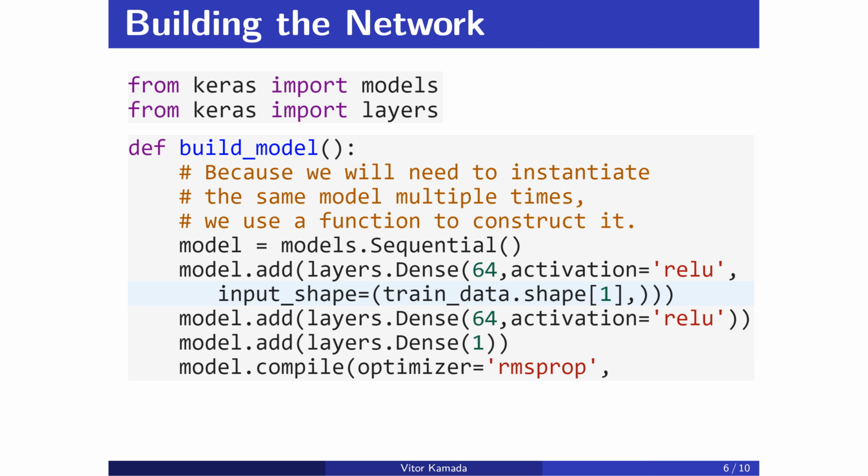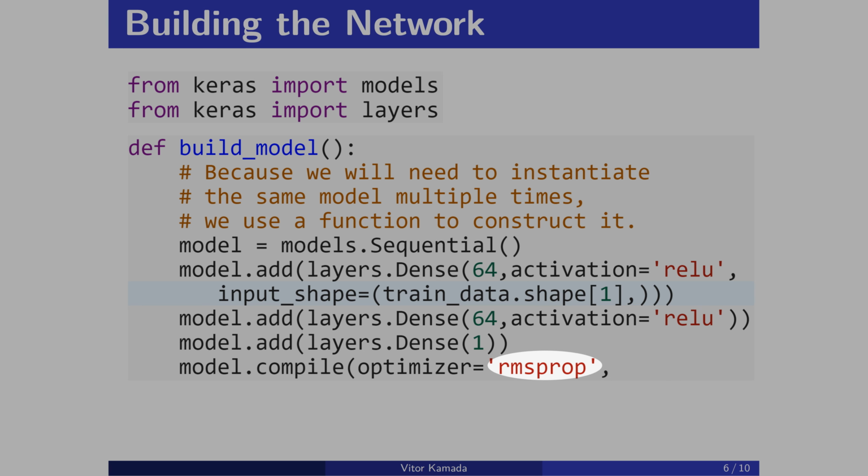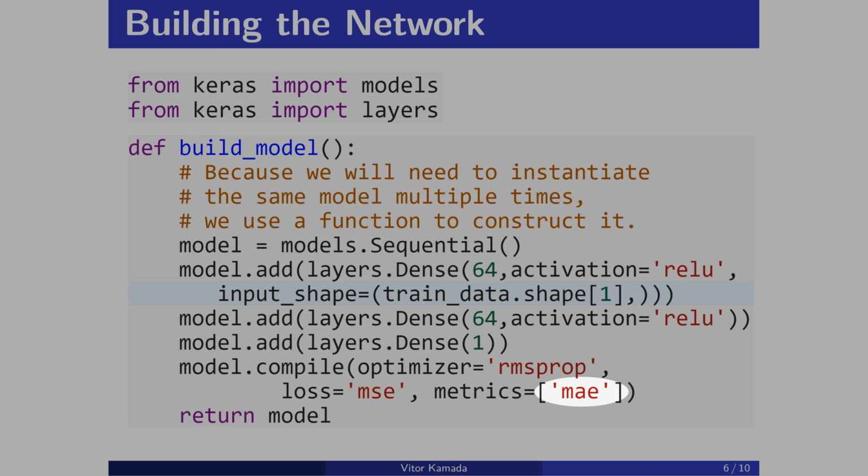Let's compile the model and choose the optimizer root mean square propagation, that's typical for a regression problem. And for the loss function, we choose mean square error. And for metrics, we choose mean absolute error. And why do we choose mean absolute error? Because it's easy to interpret. For example, if you get the number 2, that means you are off by 2K.